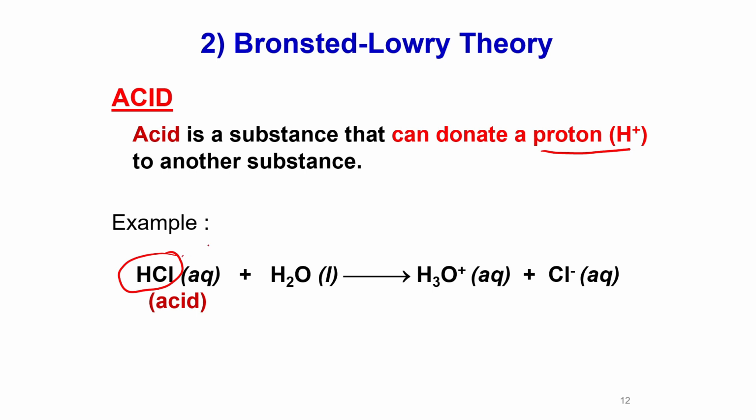So dia akan donate proton H plus. So at the end yang tinggal ialah Cl minus. Meaning kita compare antara HCl dengan dia punya produk. So kita nampak HCl ni dah hilang proton, hilang satu H plus, meaning dia dah donate proton. So kalau dia donate proton, jadi dia ialah Bronsted and Lowry acid.